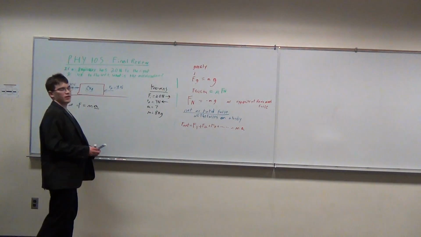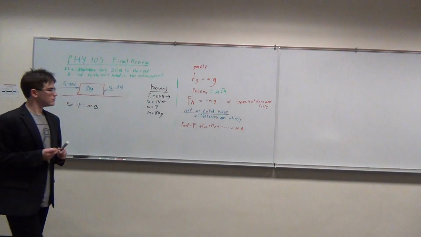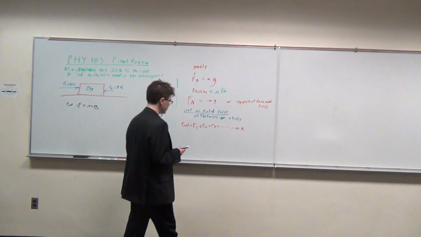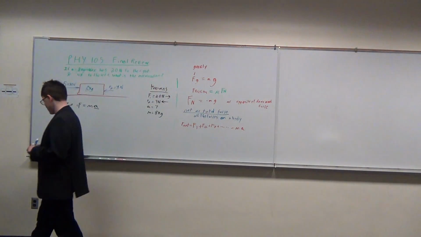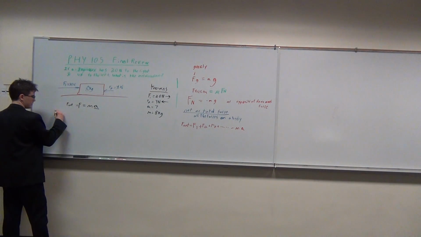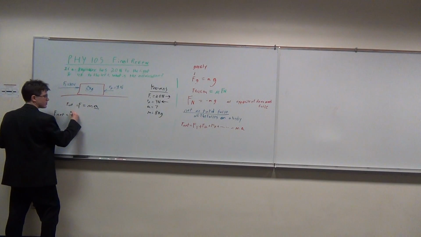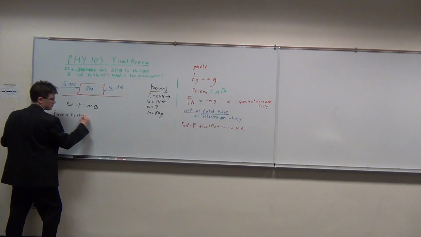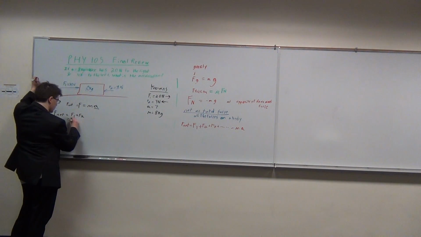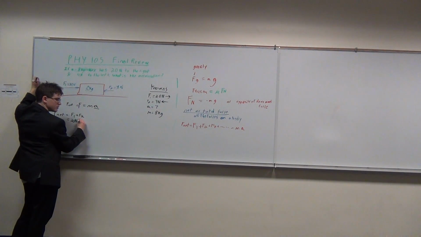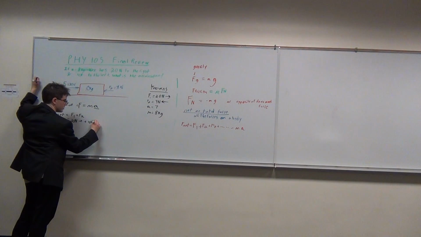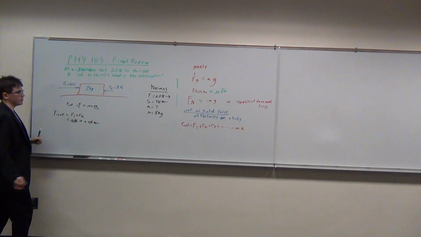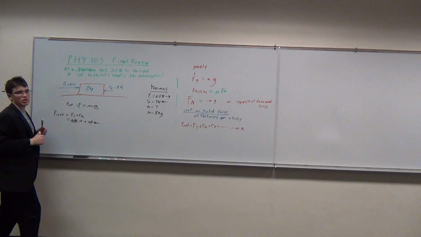What makes you say 24? So I hear 24 is 16. So F net equals F1 plus F2. This is equal to 20 newtons to the right plus 4 newtons to the left. They're in opposite directions.